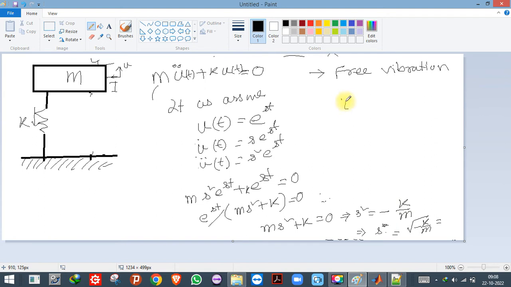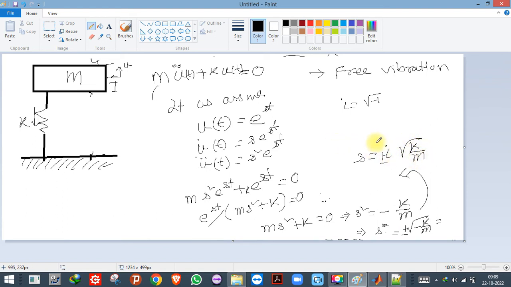If I simply write this, then it becomes s equal to plus minus i square root of k by m, because we are omitting the square.